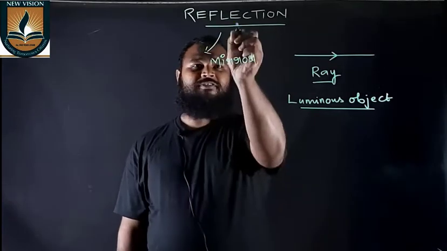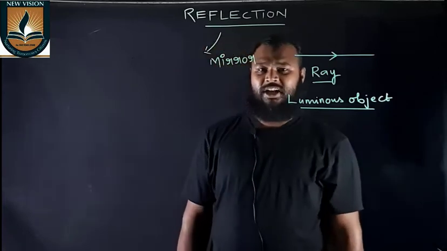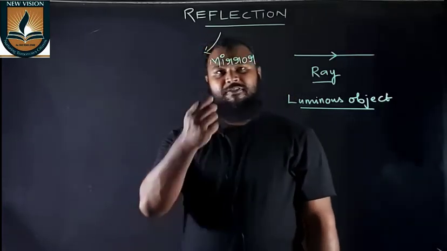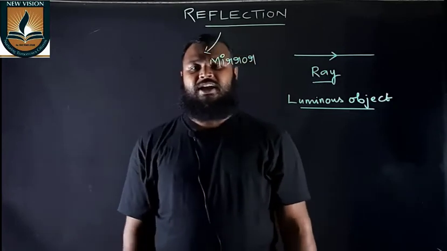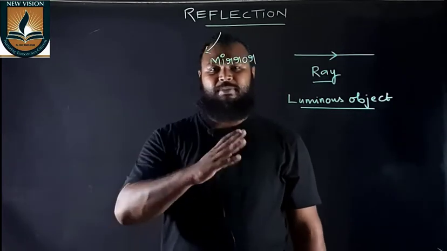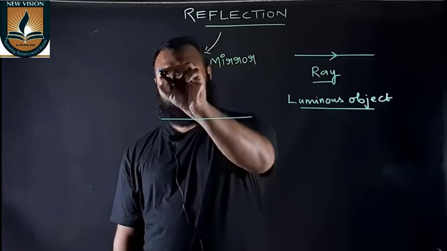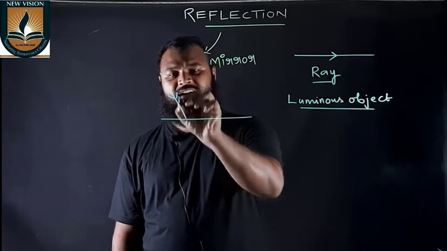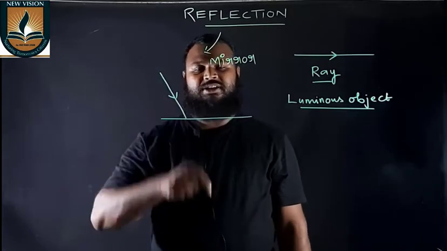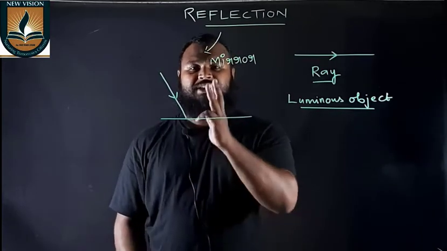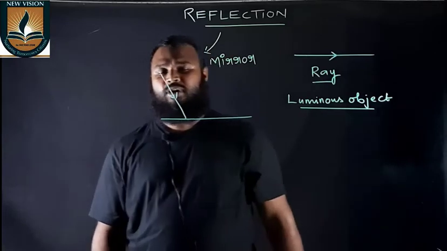Now, in case of reflection, we know what reflection is, as I told you in the previous class. Reflection is the phenomenon where light bounces back to the same medium. Suppose you have a material or any substance on which light falls. This is called a light ray. When the light ray falls on this substance, three things happen.